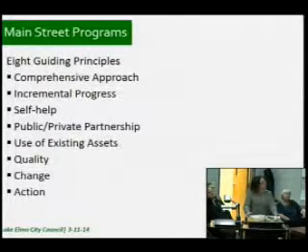Public and private partnership, like you already talked about. Use of existing assets, quality, change, and then action. So it's really important, especially with the last of those principles, change and action, to get that buy-in and establish strong partnerships from the very beginning.